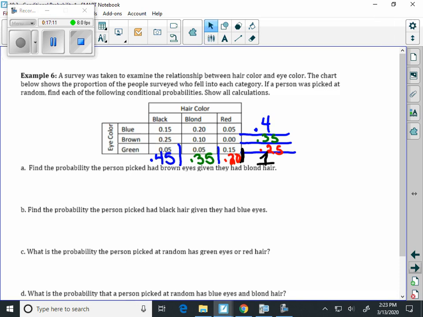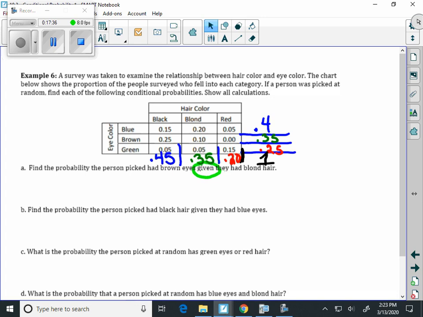So what we need to look at here is, first of all, it says find the probability the person picked had brown eyes given that they had blonde hair. There's the given, and frequently what you're going to see is me circle the word given.